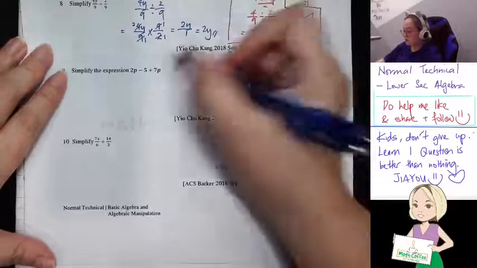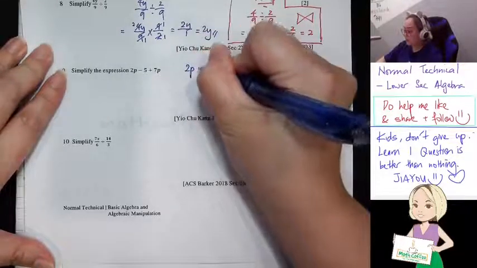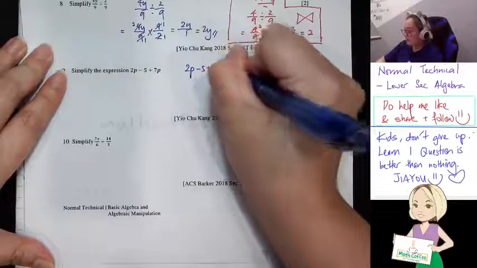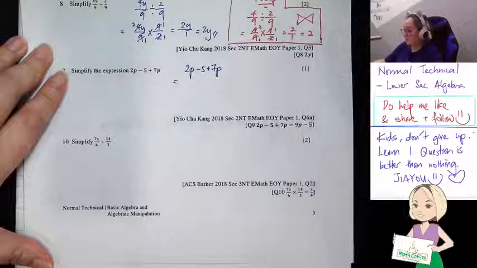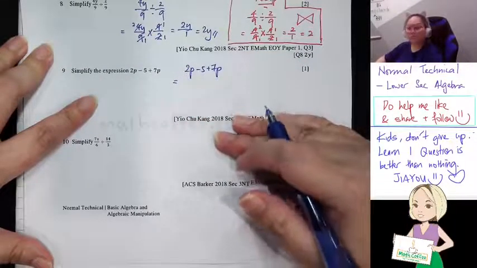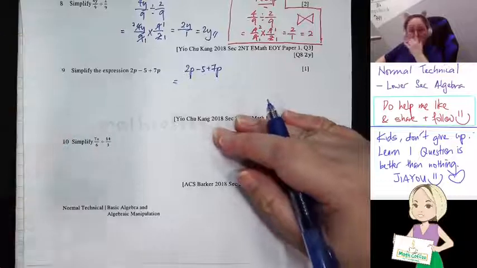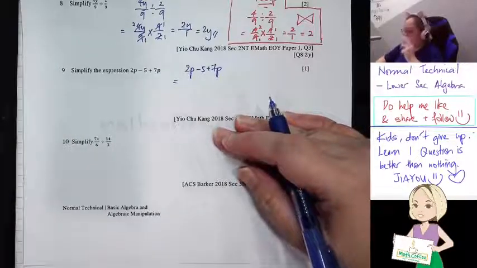Okay, let's move on. Same. I think by now you all should know how to do this kind of question. 2p minus 5 plus 7p. So for those who are listening, can someone tell me what's the answer for this one? I must hide the answer. Okay, I already did a lot of similar questions. So what's the first thing you need to do, and then what is the answer?